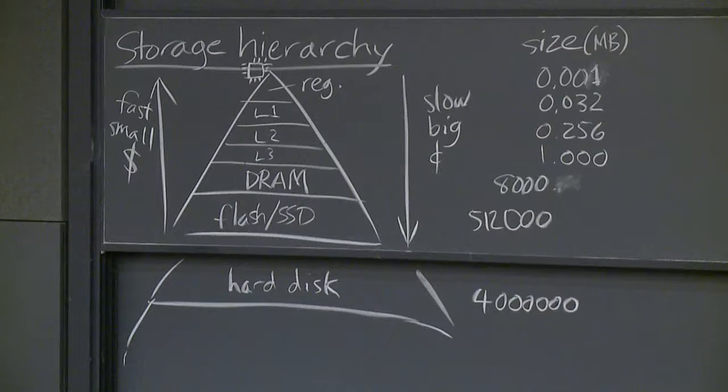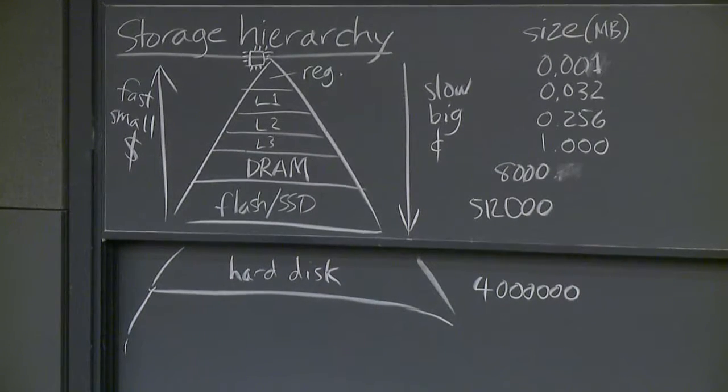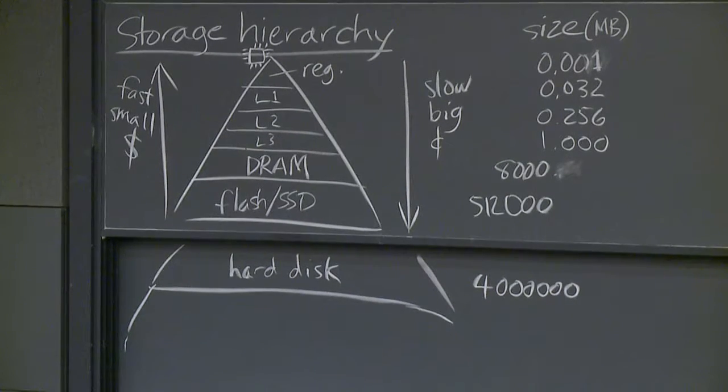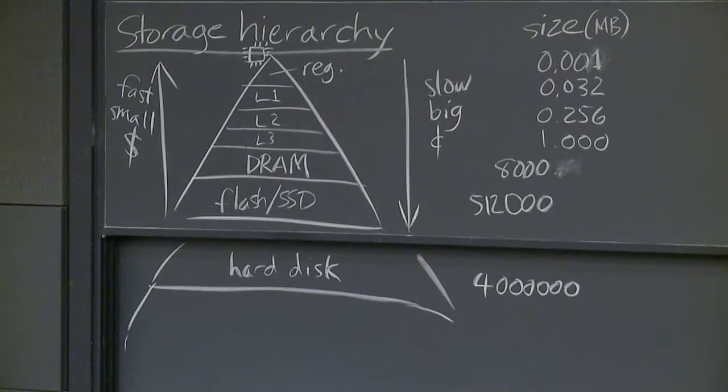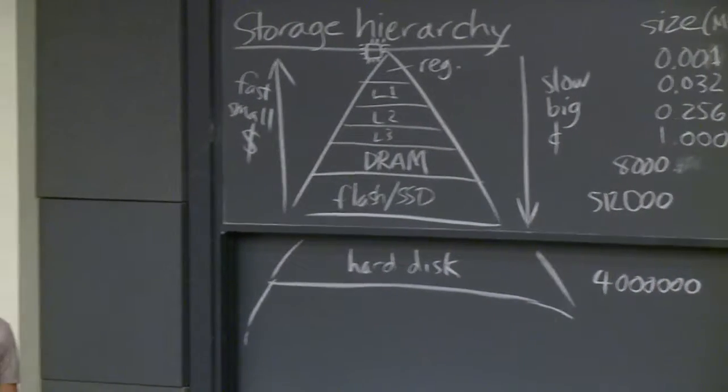So how many orders of magnitude have we got in size between our smallest storage and our largest storage? Like 10 to the 9. There's a 10 to the 9 difference in these sizes. Let that sink in for a minute.